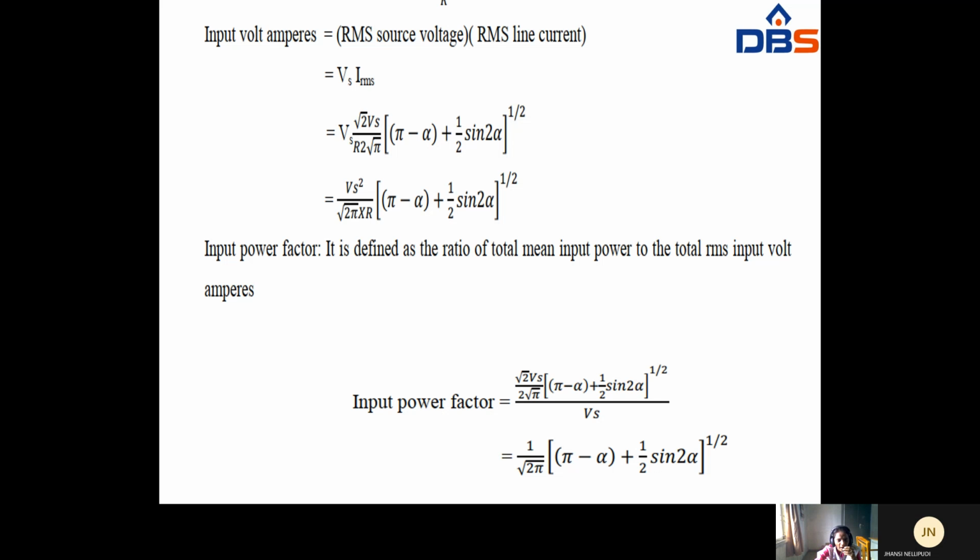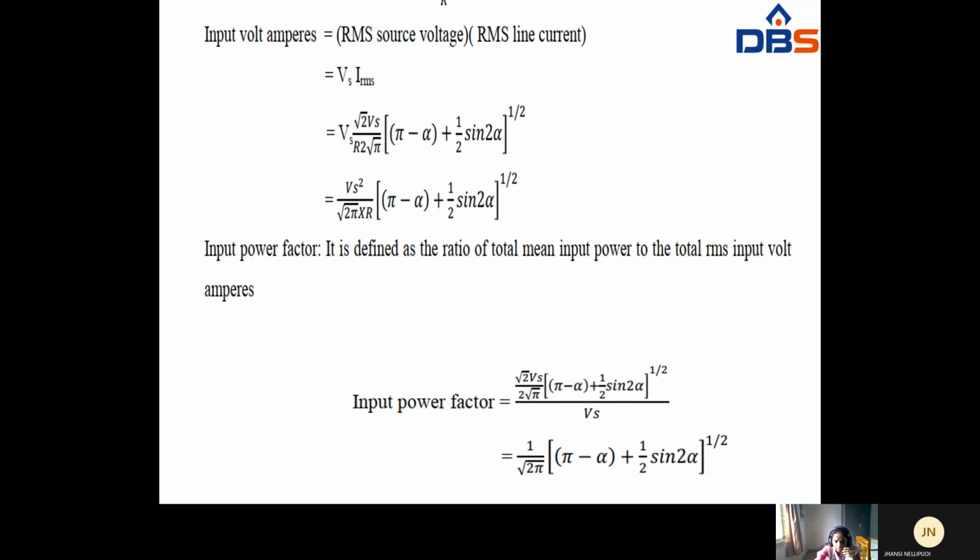And input power factor is defined as the ratio of total mean input power to the total RMS input volt ampere. So input power factor will be mean input power by input volt ampere.